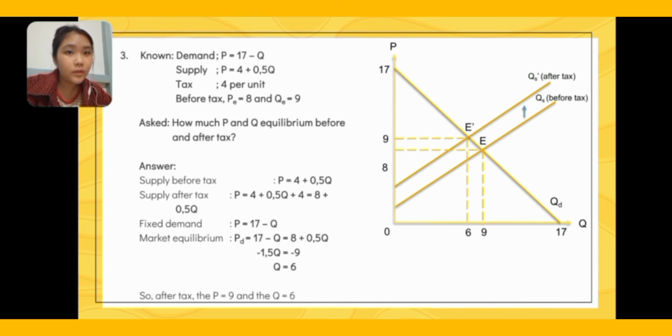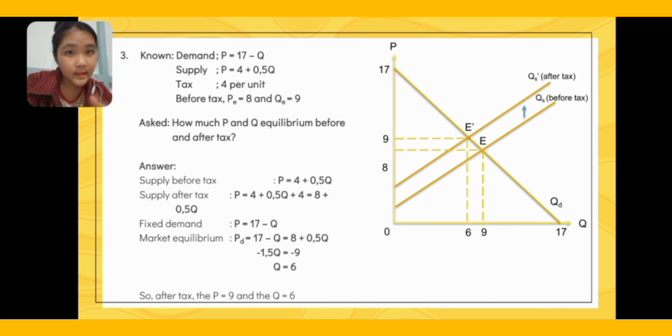Here we know demand is P equals 17 minus Q, and supply is P equals 4 plus 0.5Q. And then the tax is 4 per unit.